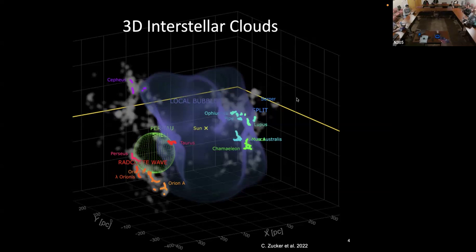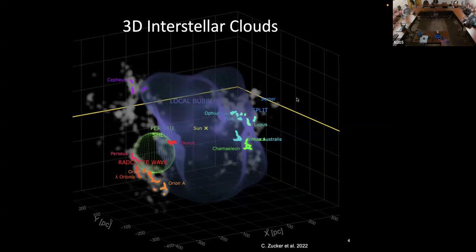There's another interesting bubble that we'll come back to repeatedly through the talk, the Per-Tau bubble, which hosts a number of molecular clouds on its surface as well. For example, the Perseus molecular cloud and the Taurus molecular clouds, which are star-forming clouds, as well as some nearby Orion clouds. The local bubble itself consists of many other molecular clouds, for example, the mysterious Musca filament, Ophiuchus, Lupus, and so on.